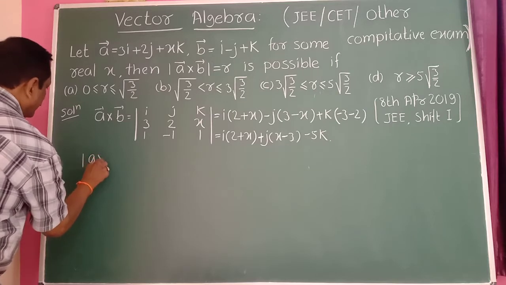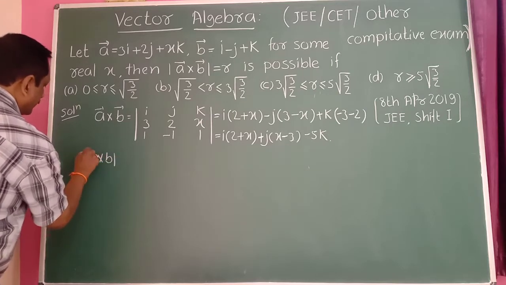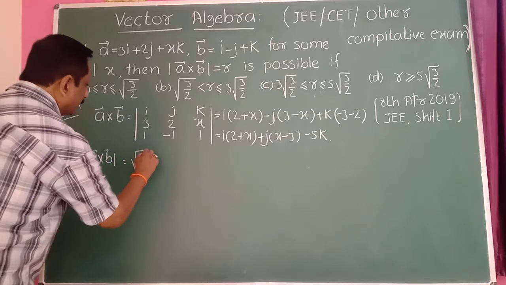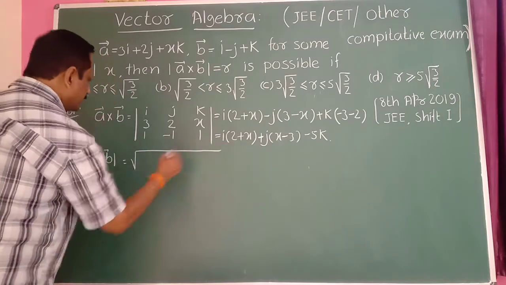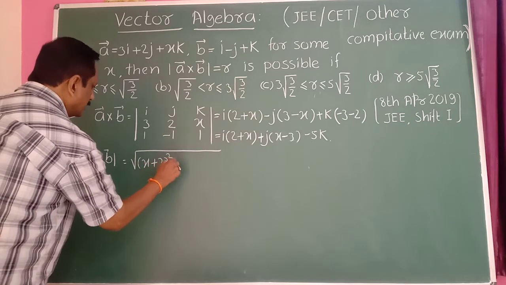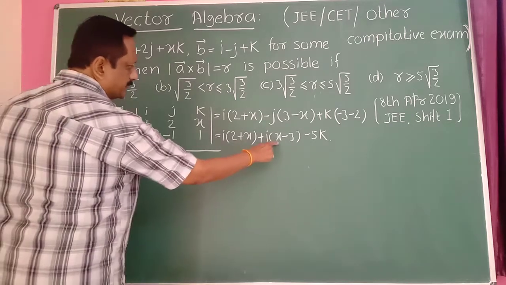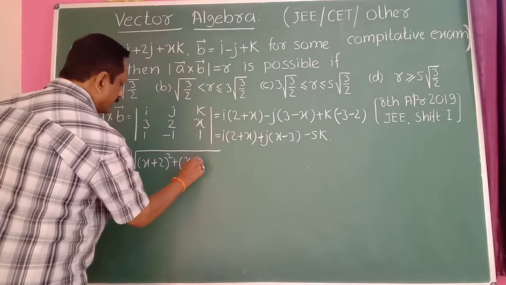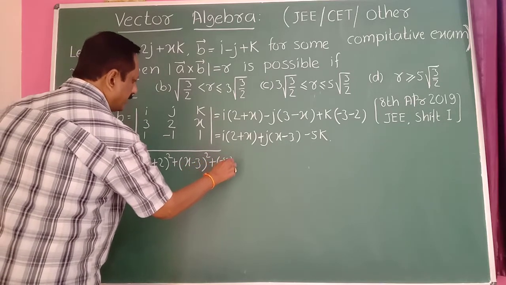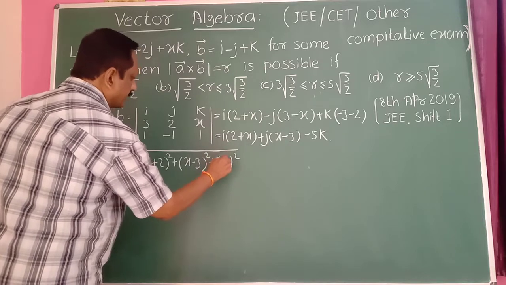Modulus of A bar cross B bar is equal to root of x plus 2 whole square plus x minus 3 whole square plus minus of 5 square here.